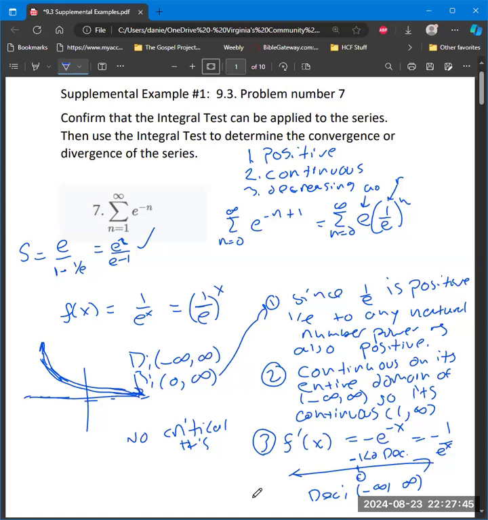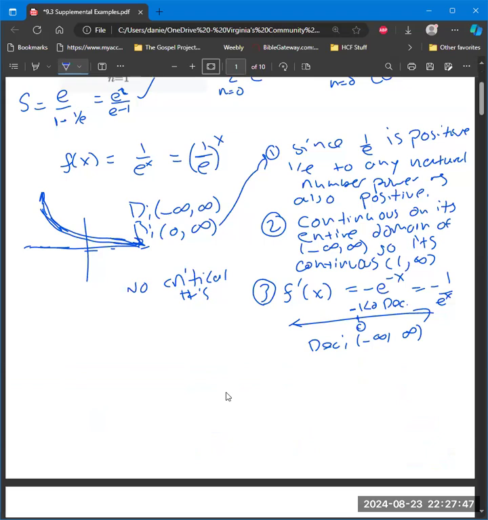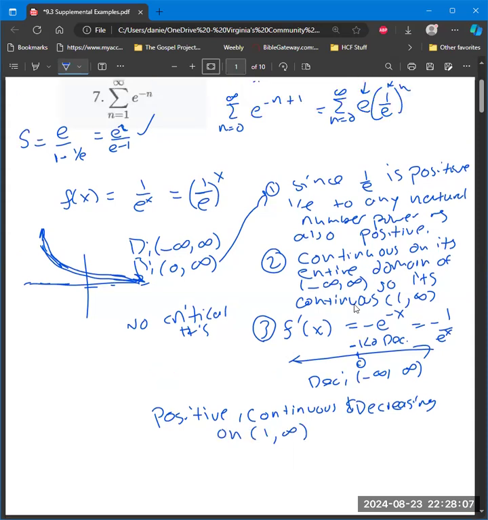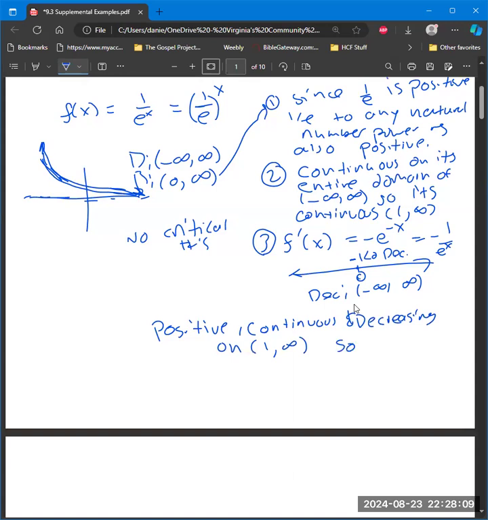So we're positive, continuous, and decreasing on my interval from 1 to infinity, so we can use the integral test.